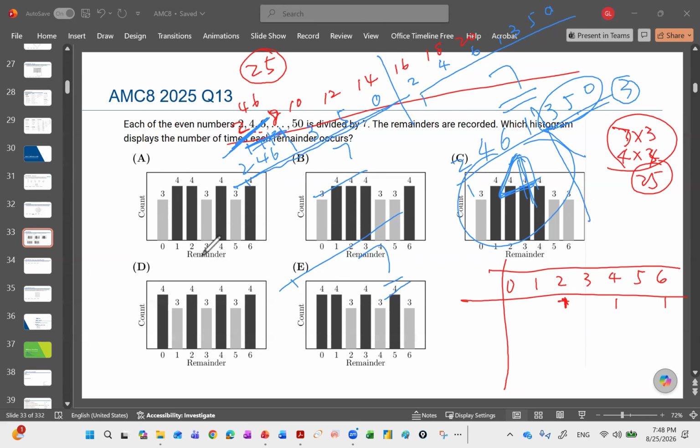So 2, 4, 6, 1 have 4 numbers. Looks like it's A. Am I correct or not? So what did you guys answer? 350 only has 3.